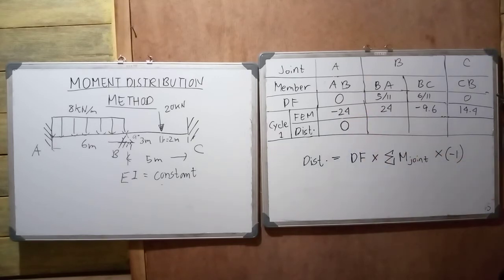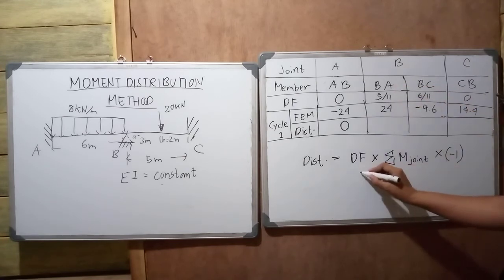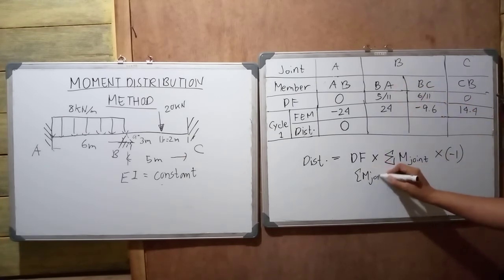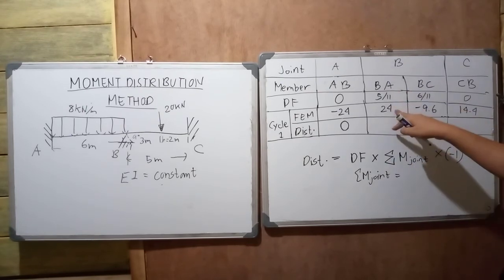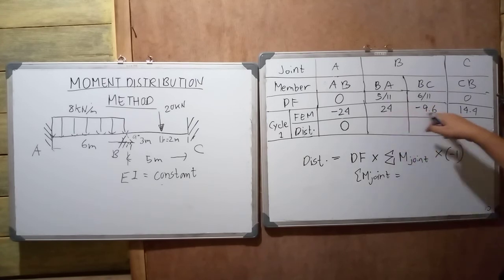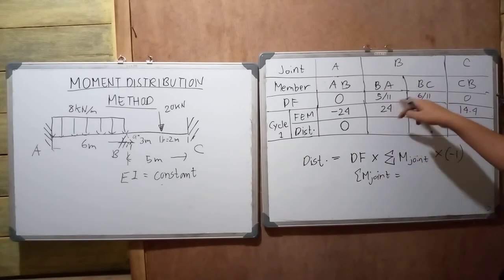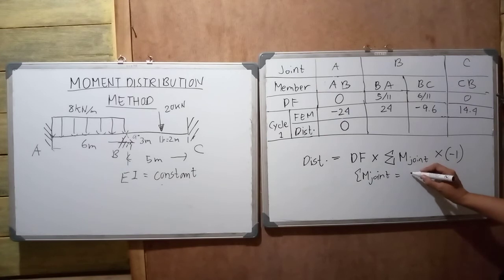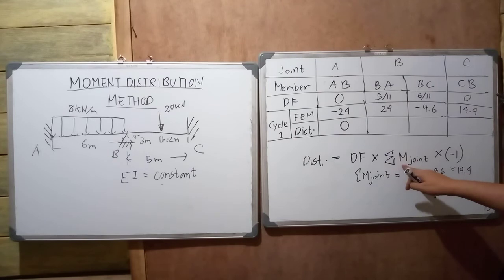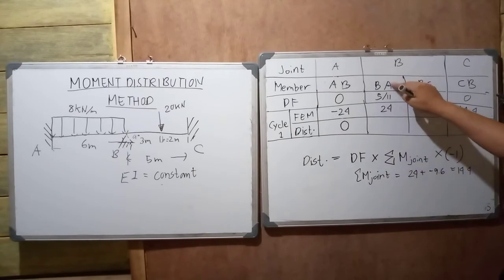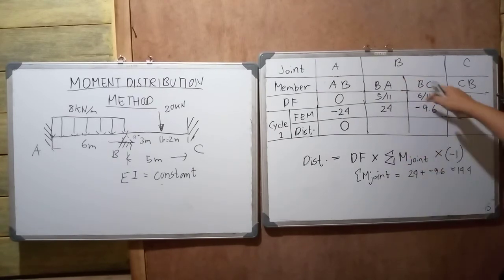Okay. So, here, kay B, di ba, ang summation of M joint natin is equivalent to, i-add mo tong dalawa, lahat ng fixed end moments mo under joint B. So, therefore, 24 plus negative 9.6 equals 14.4. Okay? So, ito yung M joint natin. So, pero iba yung pag-compute natin sa distribution ni BA at kay BC.